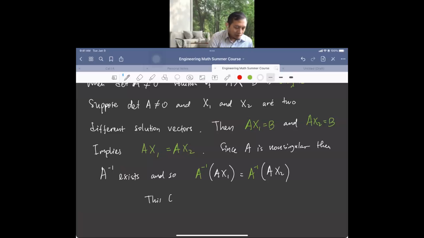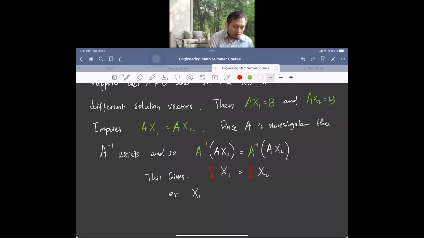And this gives identity matrix x1 and identity matrix x2. Or x1 is equal to x2, which contradicts the assumption that x1 and x2 are different solution vectors.